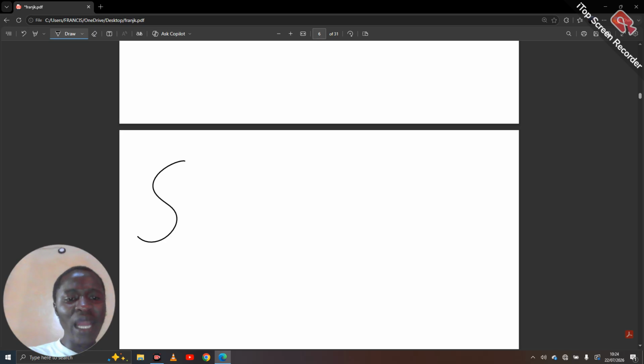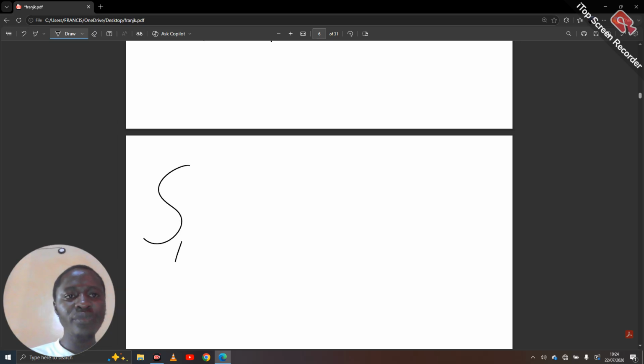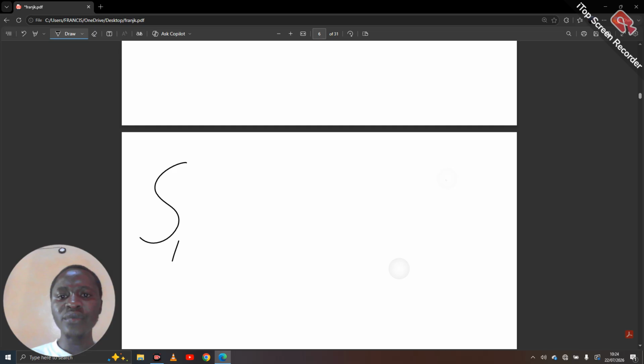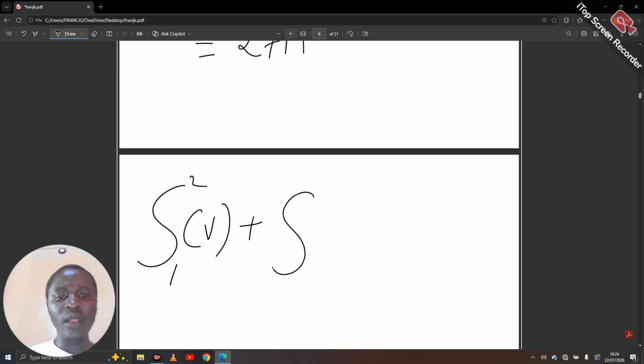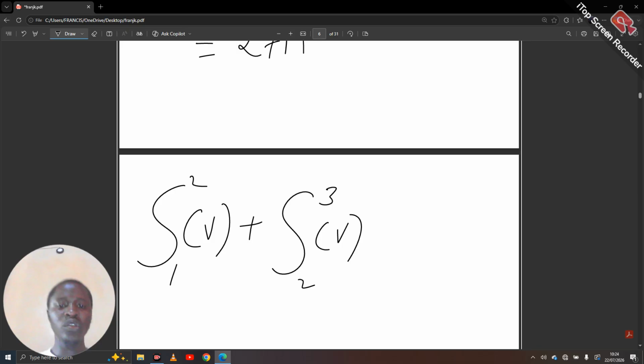So we are having now S1 to S2, that is velocity integrated, plus that in 2 to 3. Velocity integrated from 2 to 3.